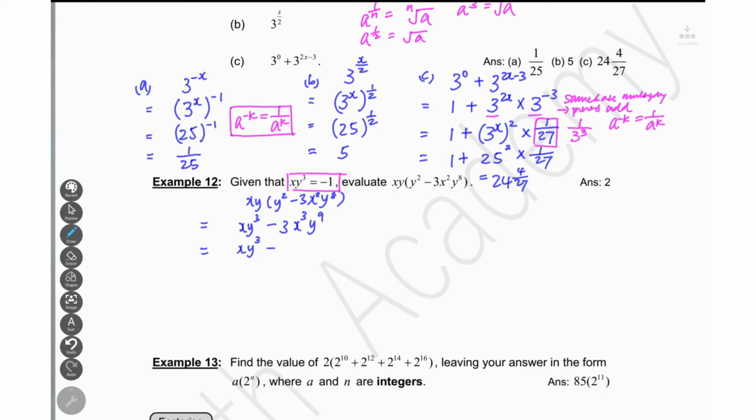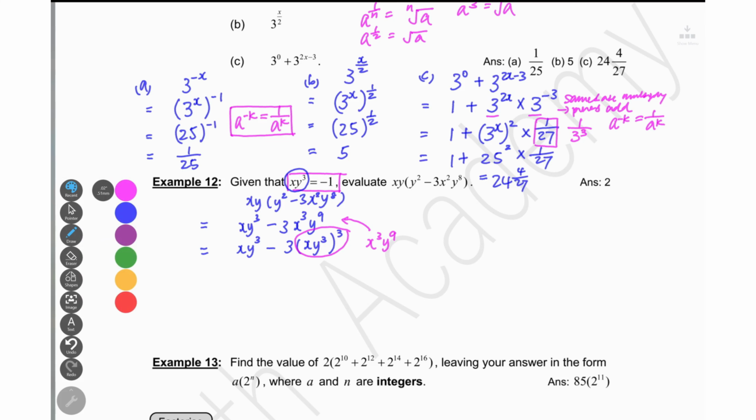So x cubed y to the power of 9, I'm also going to rewrite it so that it looks like what is given in the substitution. So I'm going to write (xy cubed) to the power of 3. When you expand this part, you get x cubed and y to the power of 9, which is exactly the same as what you have in the previous line.